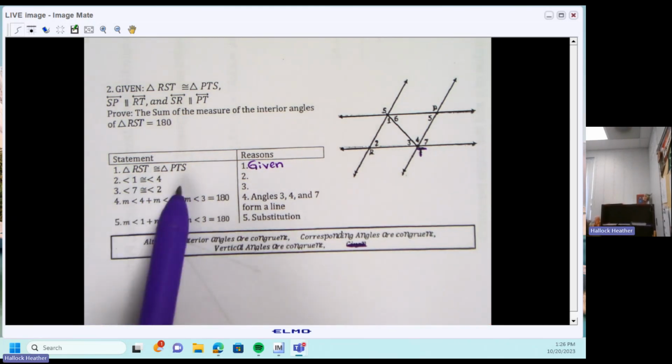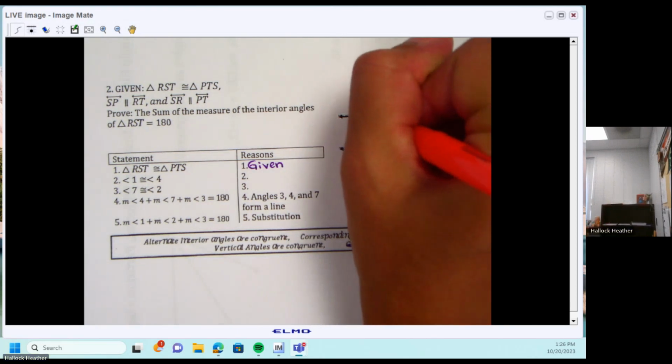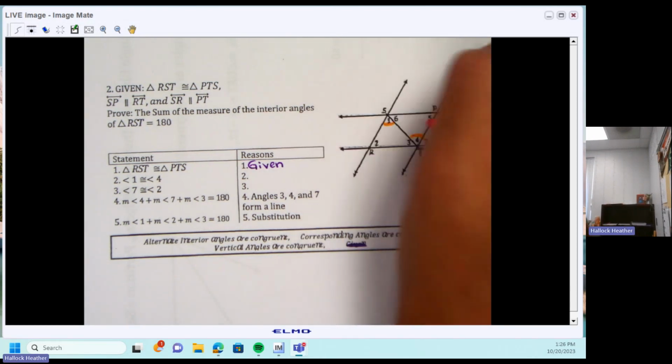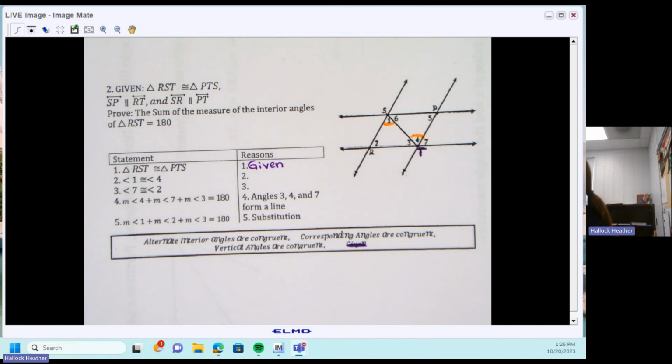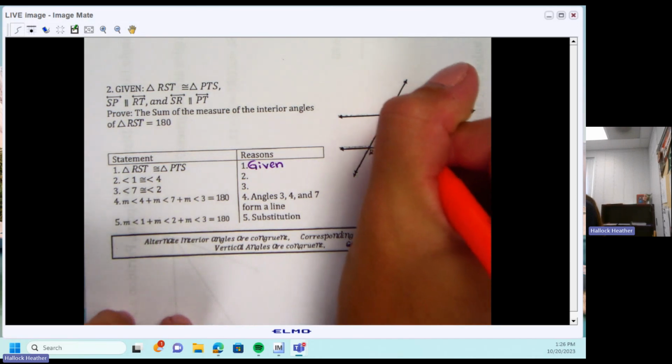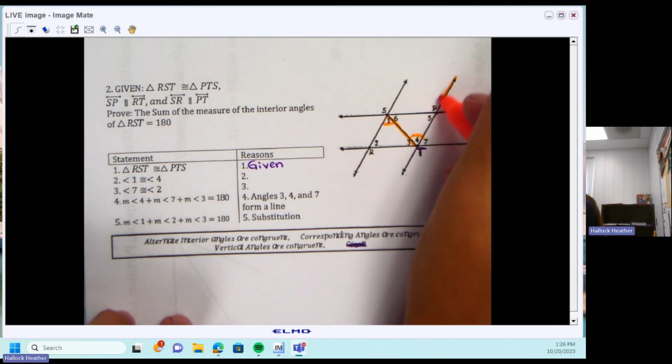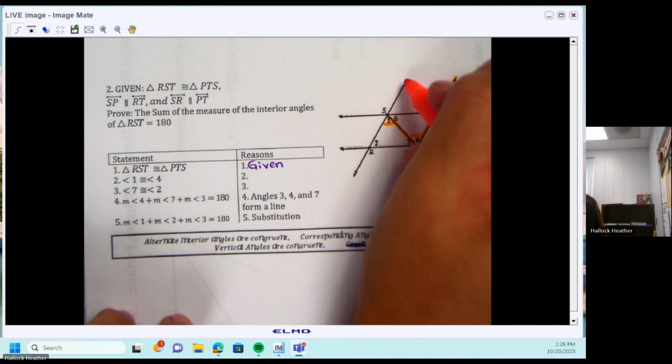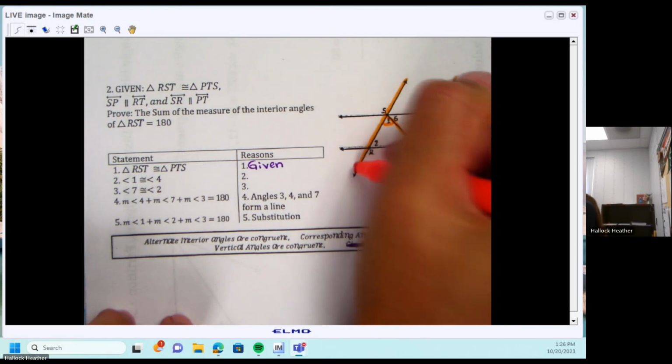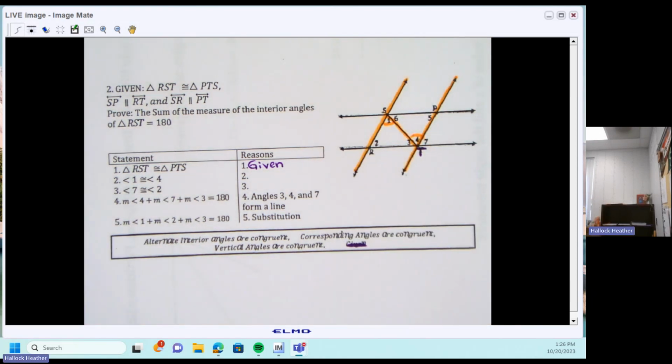Angle 1 is congruent to angle 4. So if I look at my picture, I only want to look at angle 1 and angle 4. If I look here and here, there's a lot of other information that's going on. If we just look at this middle line and these two lines that are going through, what types of angles are those?